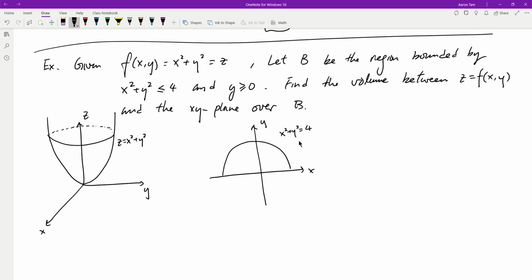X squared plus y squared equal to 4, and then y equal to 0 is right here. So we have y greater than 0, but inside x squared plus y squared equal to 4. Therefore, this will be B right here, the top half of the semicircle.